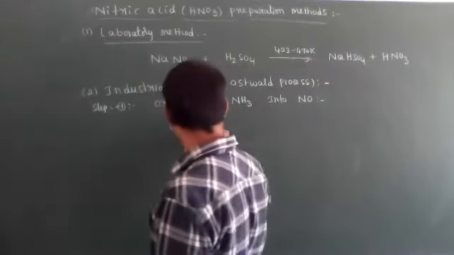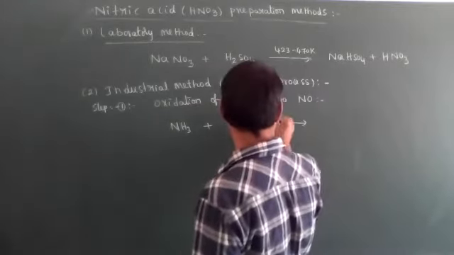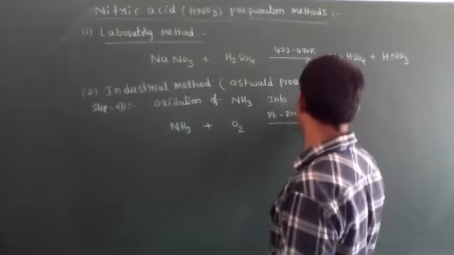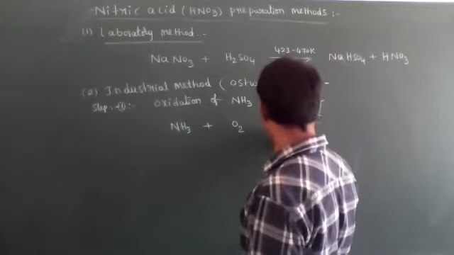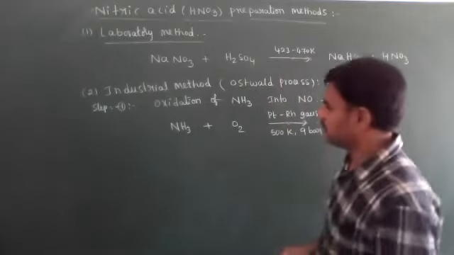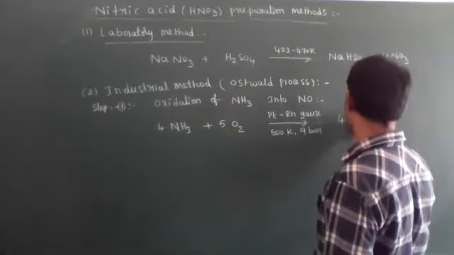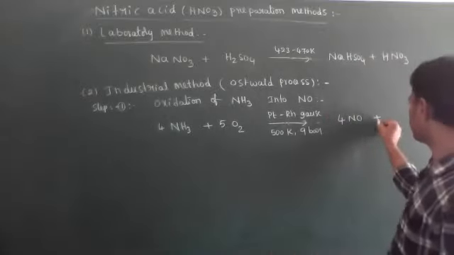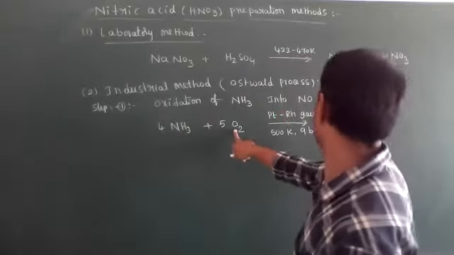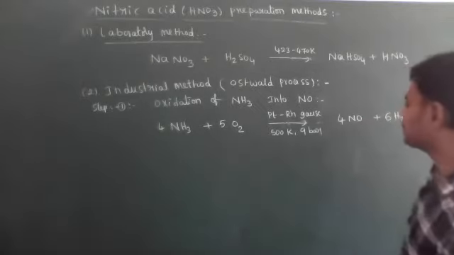So that ammonia is oxidized in the presence of platinum or rhodium gauze, at around 500 kelvins temperature and 9 bar pressure. 4 moles of NH3 with 5 moles of O2 forms 4 moles of nitric oxide, NO, plus the remaining is converted into water: 6 H2O. And this is an exothermic process.